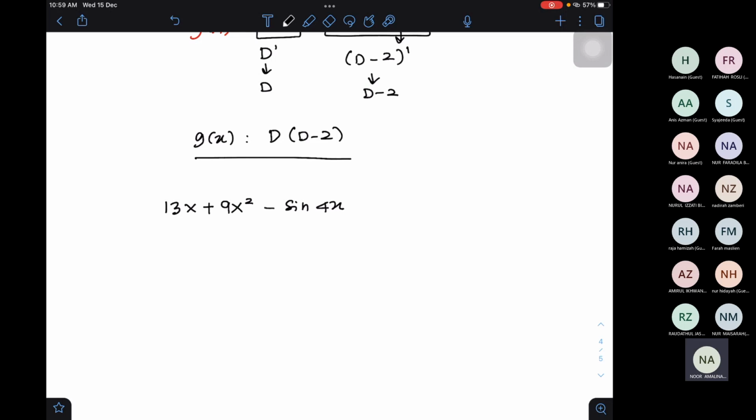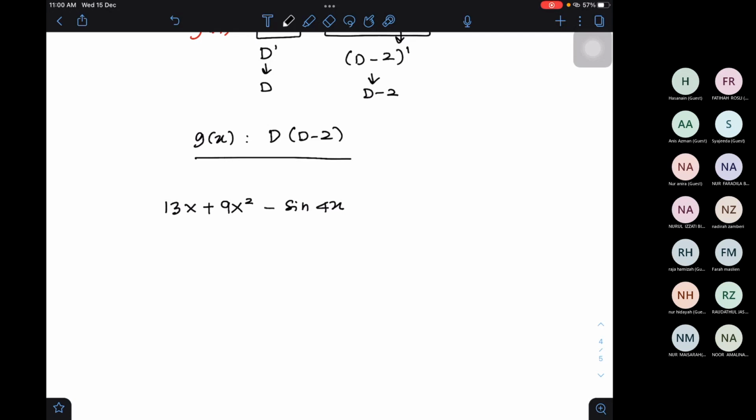So kalau awak tengok dekat sini, awak ada polinomial dan juga trigo.